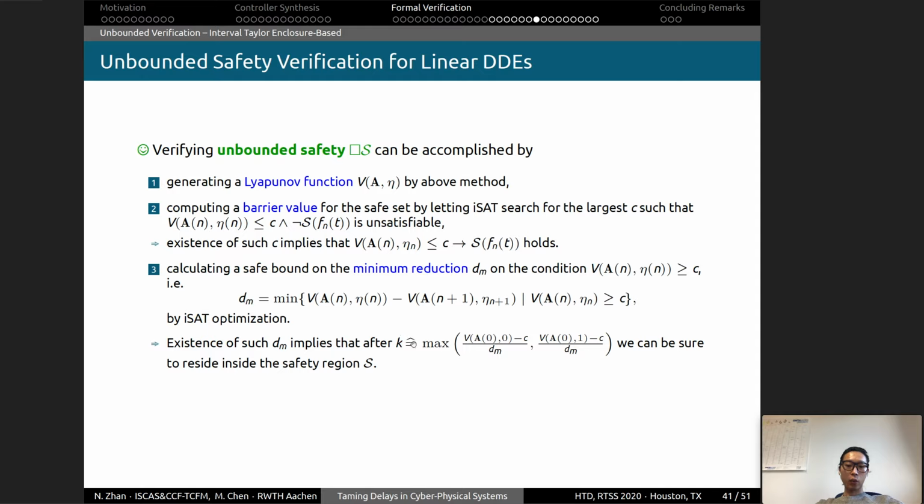And with that, we were able to claim that the maximum steps we need to compute the Taylor series is k. So k can be calculated in this way. Then if we were able to verify safety of the system up to step k, then we can claim safety of the system over the entire infinite time horizon.